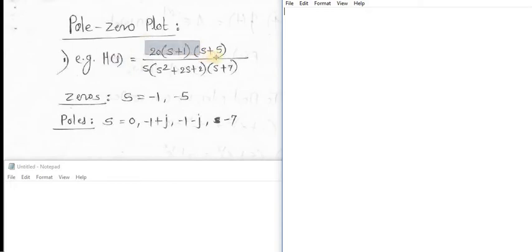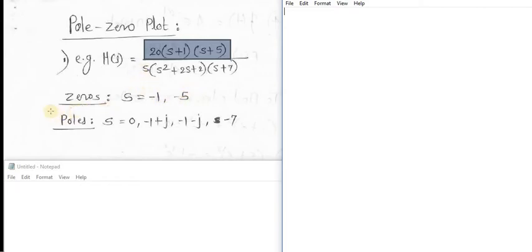So here it can be clearly seen that if we substitute s equal to minus 1 and s equal to minus 5, the numerator will become 0. Therefore, the values of zeros are s equal to minus 5 and s equal to minus 1.